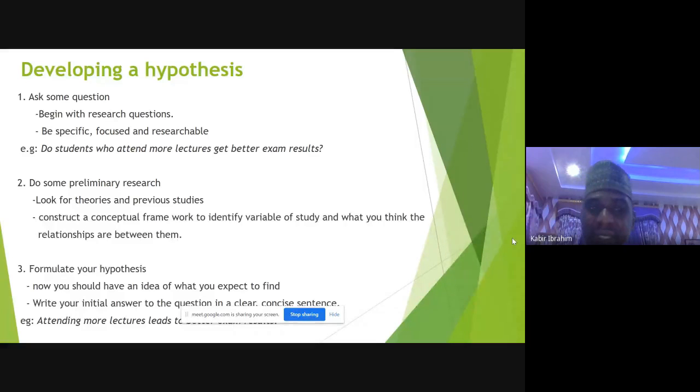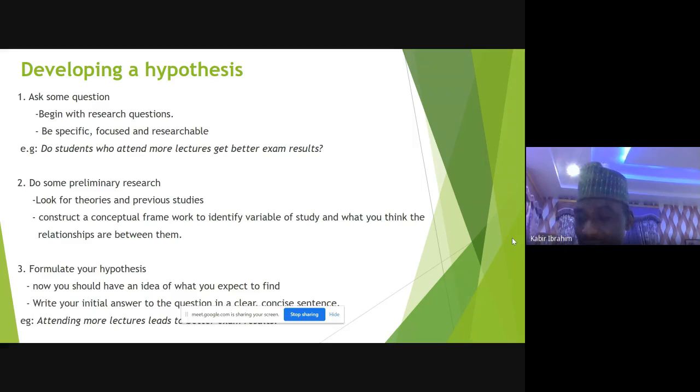Now I will give an example. Do students who attend more lectures get better exam results? It's a research question, and this question is a researchable question. From there, you can now test whether the students get better results whenever they attend more lectures.